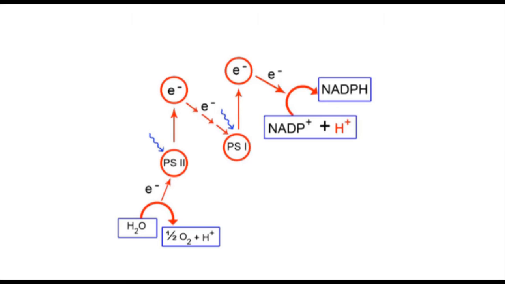And finally, and more importantly, the two chloroplast photosystems differ significantly in their functions. Only PS2 splits water and converts it to molecular oxygen, whereas only PS1 transfers electrons to the final electron acceptor, which is NADP+, and reduces it to NADPH.